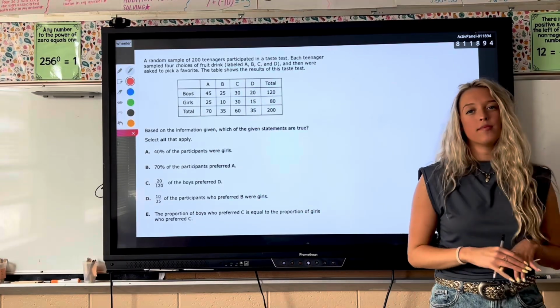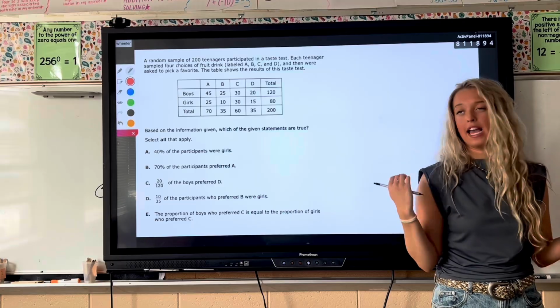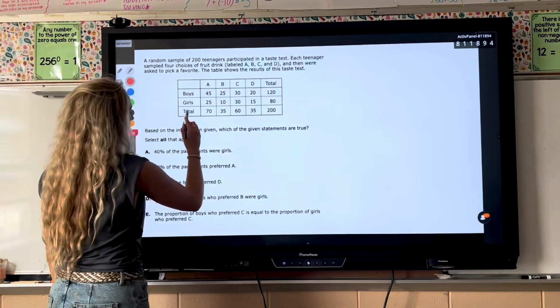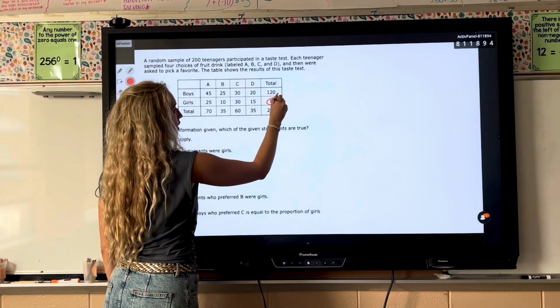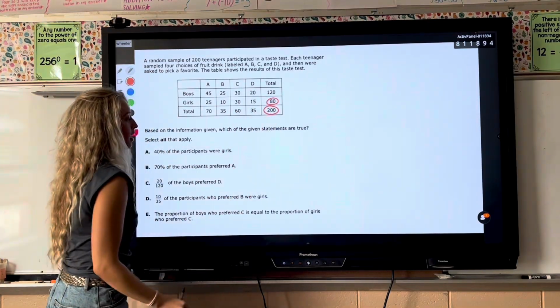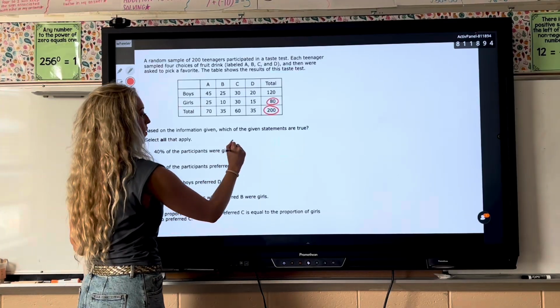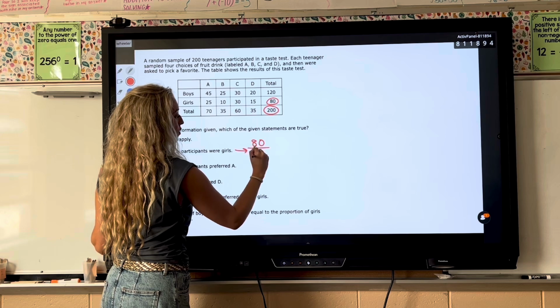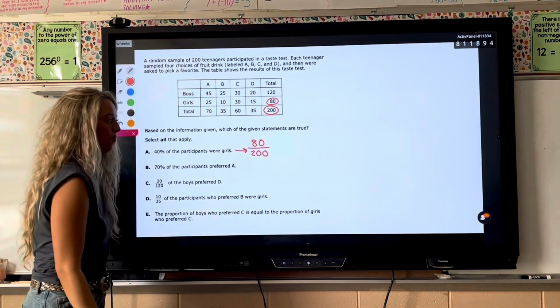First things first, I'm going to go ahead and check option A. So it says 40% of the participants were girls. The total amount of girls is 80. The total amount of participants is 200. So in this case, there were 80 girls out of 200 total.